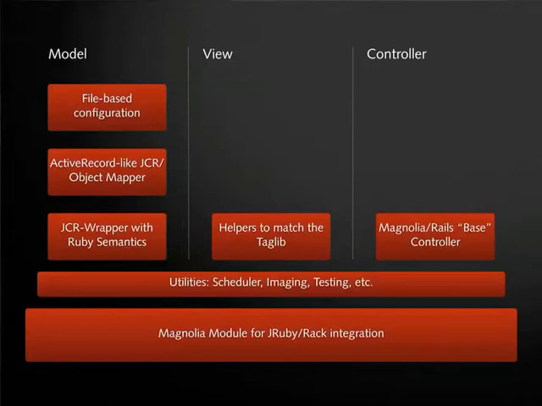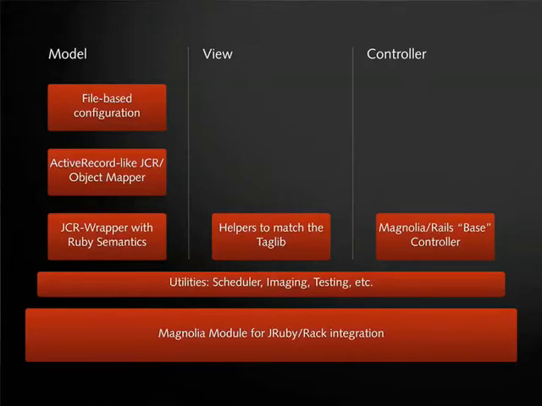As I said, you saw this module that's added to Magnolia, and this module provides a set of functionality. The first thing is the obvious JRuby and Rack integration. Then we got some support for the different aspects of the development process.